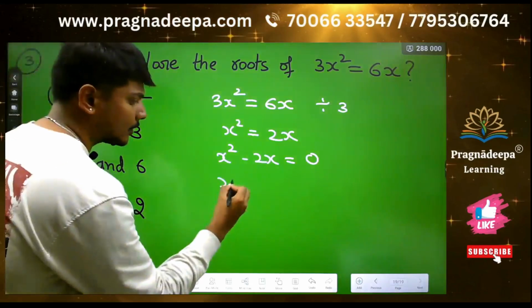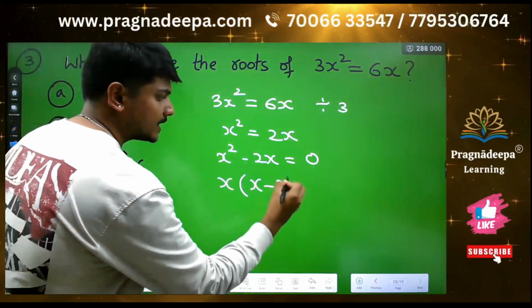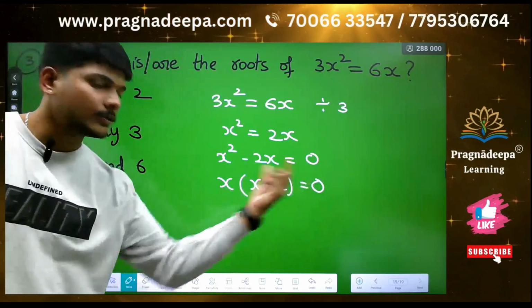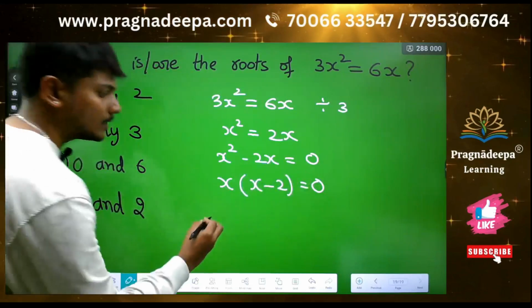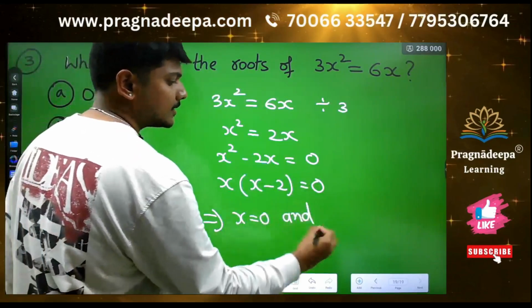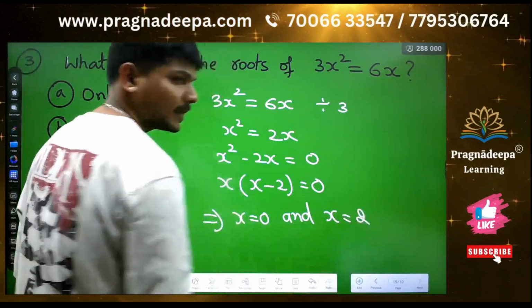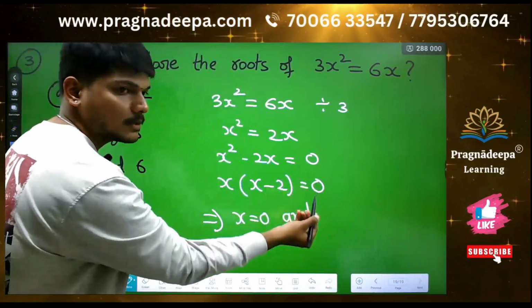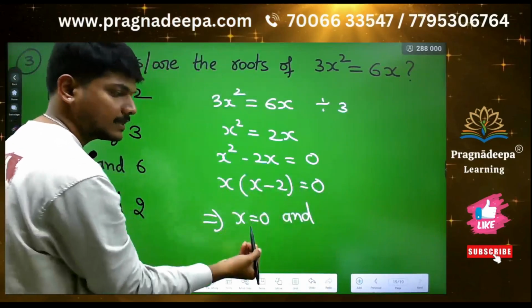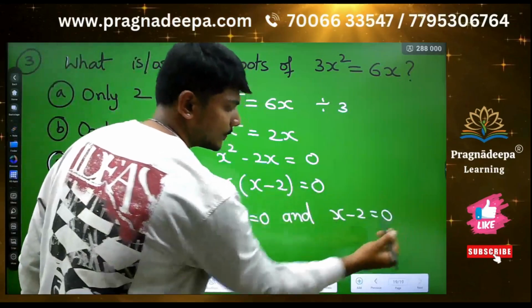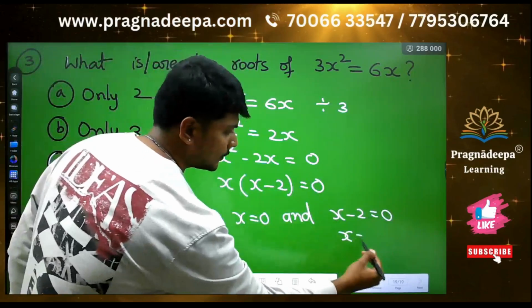So if you take out x common, you are left out with x minus 2 is equal to 0, right? So the zeros are x is equal to 0 and x is equal to 2, right? So x minus 2 is equal to 0 will come. If product of two terms is equal to 0, it means either the first one is 0 or the second term is 0. X minus 2 is 0, that means x is equal to 2.